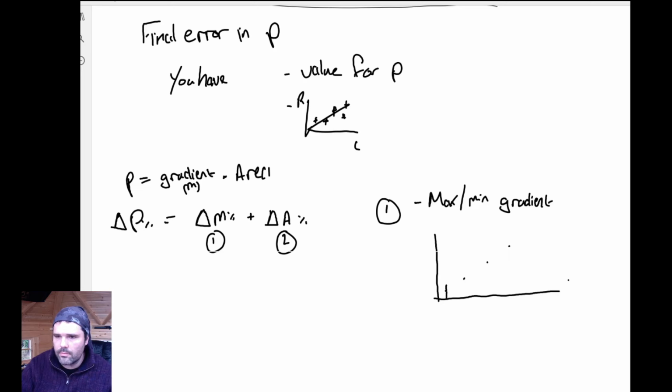Error bar, error bar, error bar, error bar. Hopefully you've got six bits of data. Error bar, error bar. You've got a line of best fit, which is straight, and that's the original. That gives you m, which in turn gave you your answer rho.